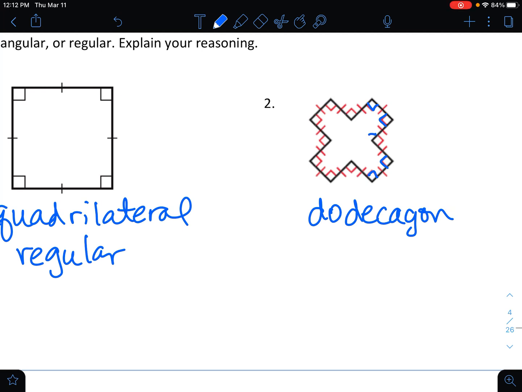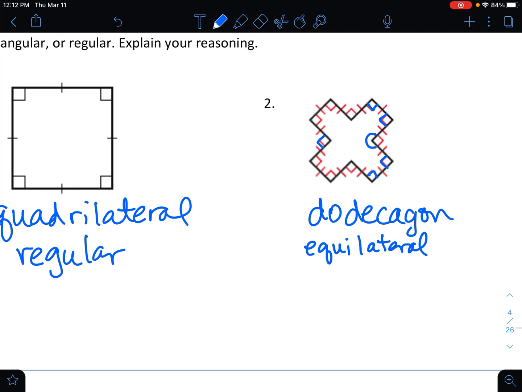Look at the angle stretching from here around. That is not a 90-degree angle. There's a right angle out here, but that doesn't impact my reasoning on the polygon, whether it is equiangular or not. So this is only equilateral. Oops, I forgot my I. Hold on. Equilateral.